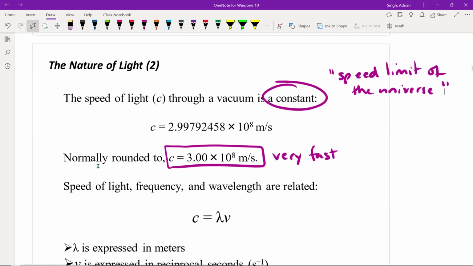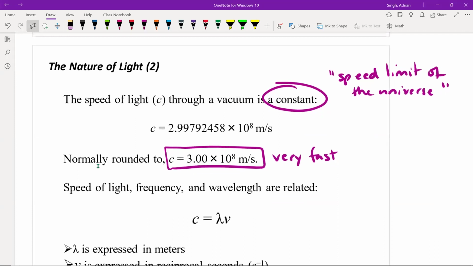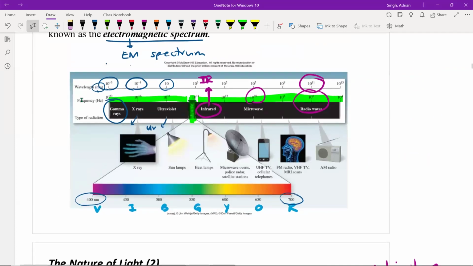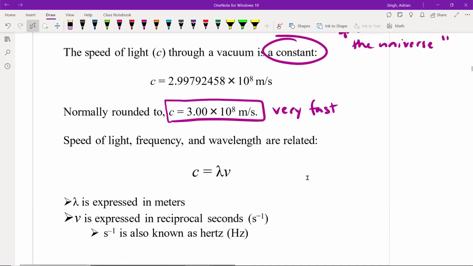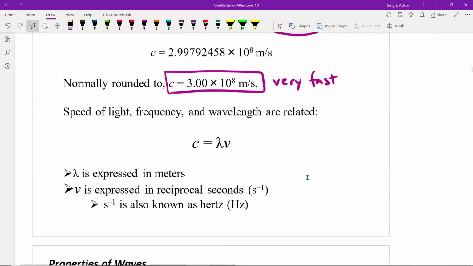So we talked about wavelength a little bit in the chart above. The other thing that you may have seen on the chart is something called frequency. So wavelength, frequency, as well as the speed of light c are all related by an equation, and that's this equation here.